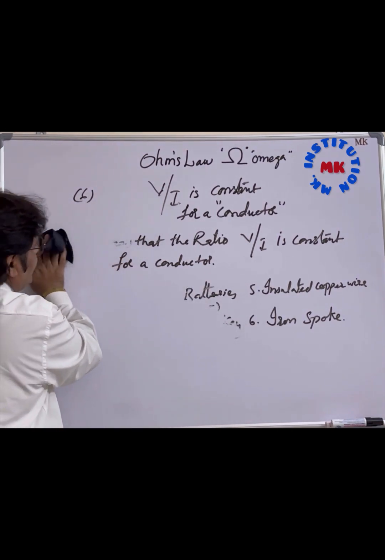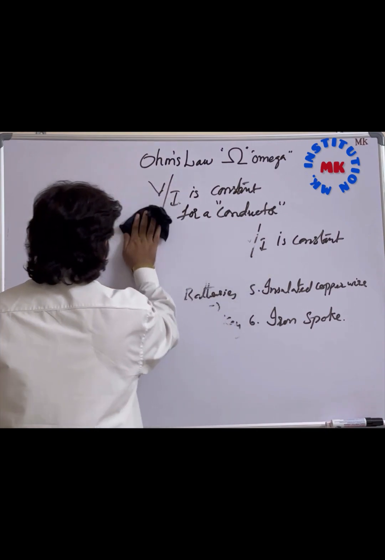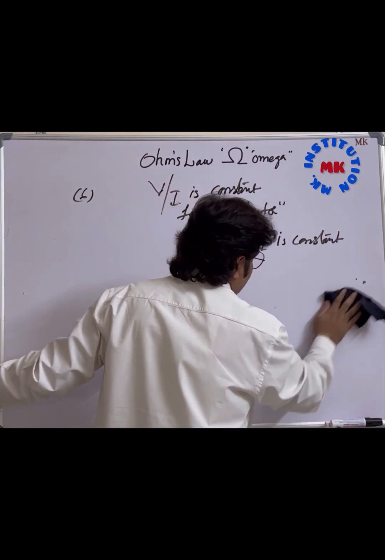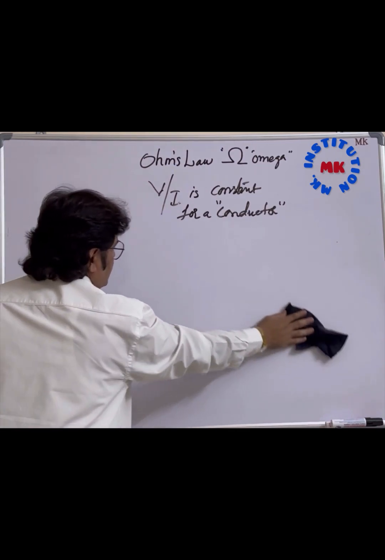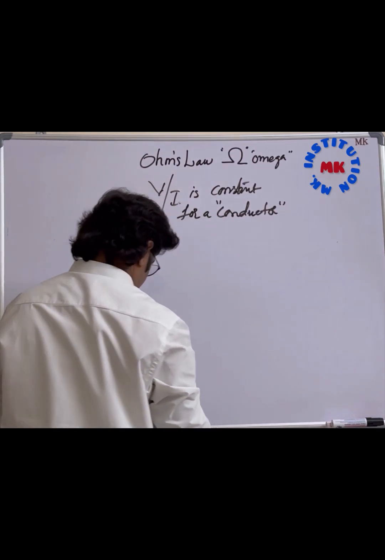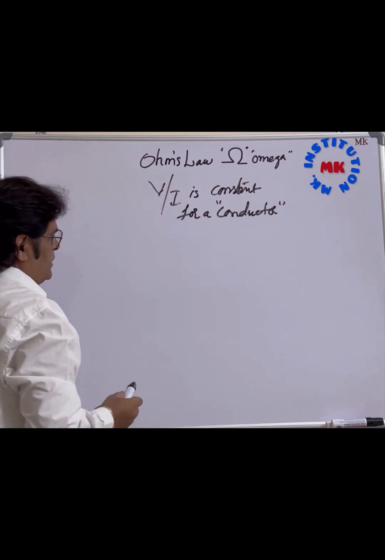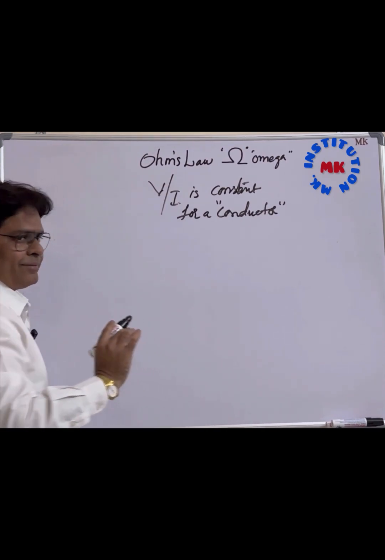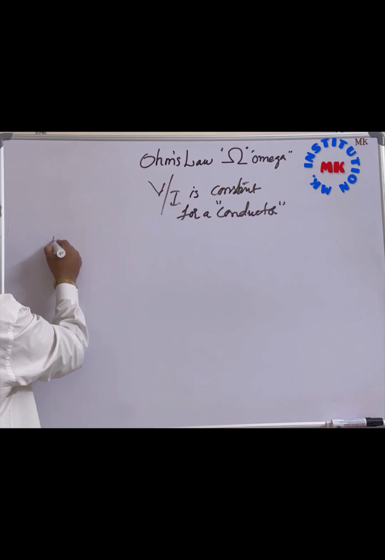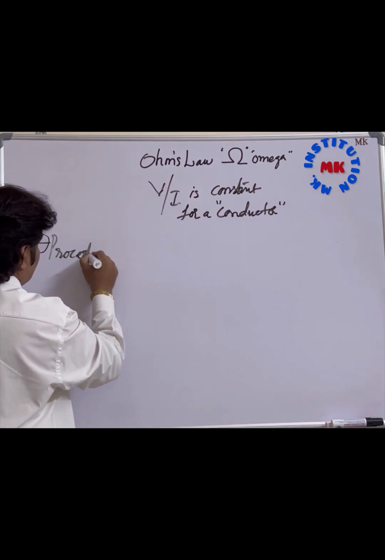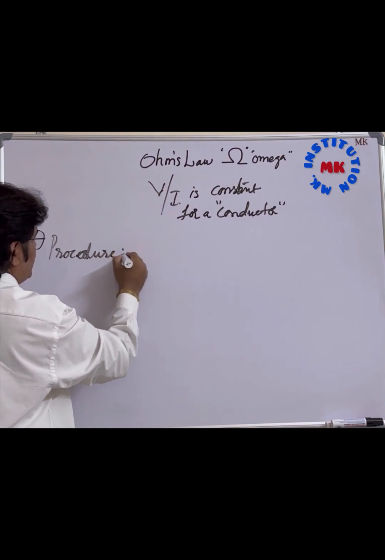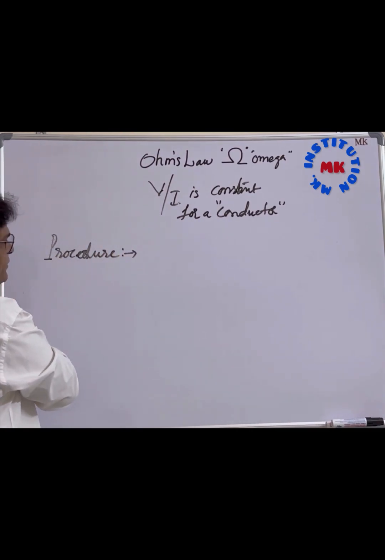Now after requirements, what do we have to do? Procedure. After the aim and requirements we have written, now the procedure. In procedure, what should be the first line?